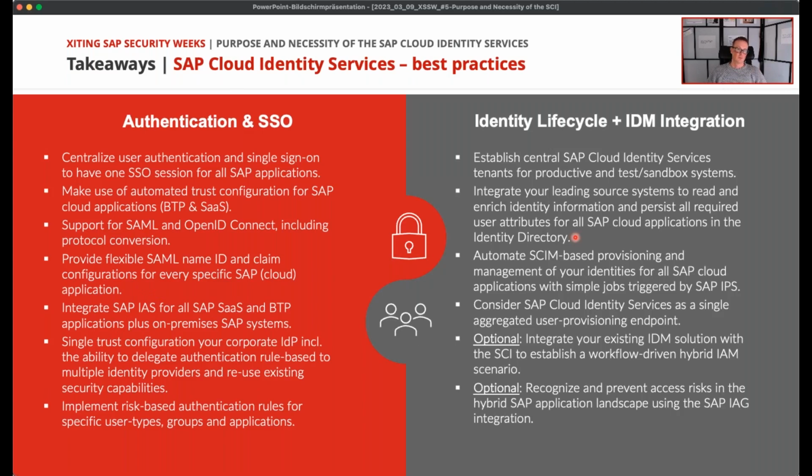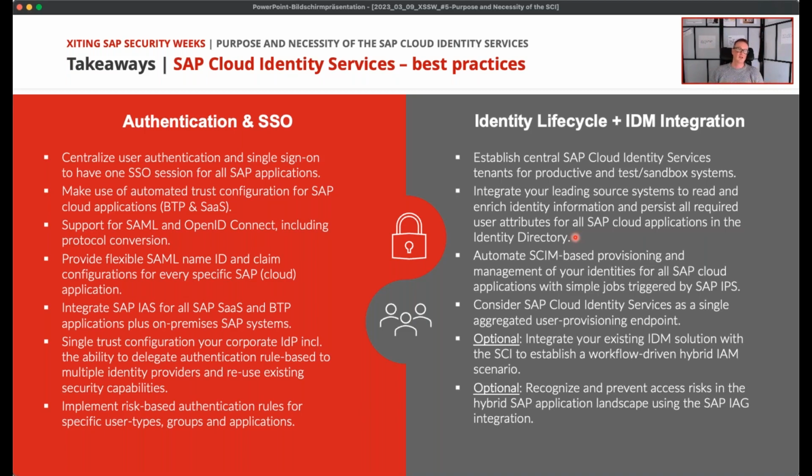Also some best practices, more or less our best practices when it comes to authentication and identity lifecycle, because we often made the experience in customer projects with IAS and IPS that there's not only one tenant available. There's really a confusing amount of tenants available, applications are connected to different tenants, and you have no overview.